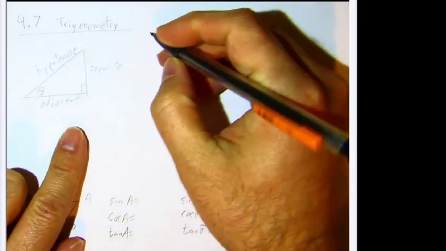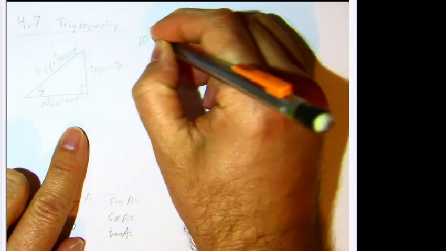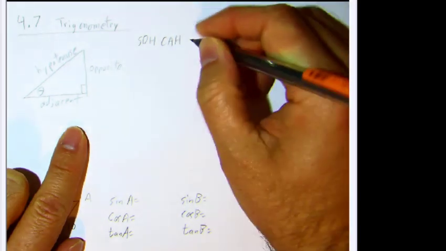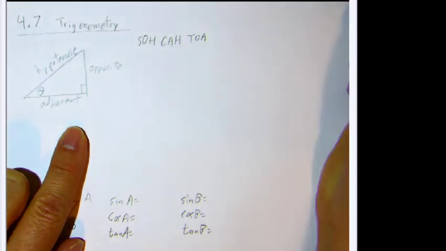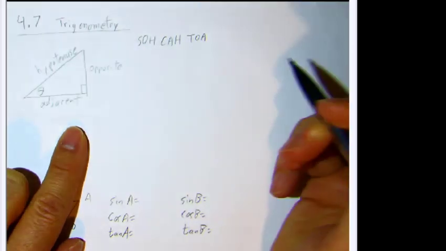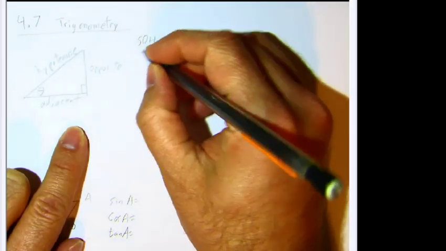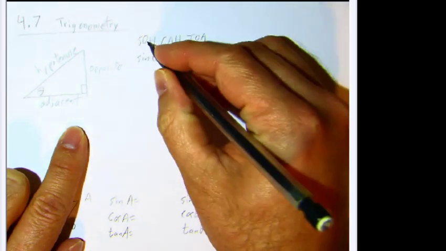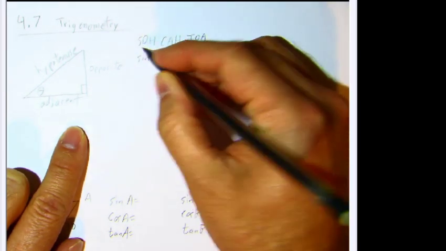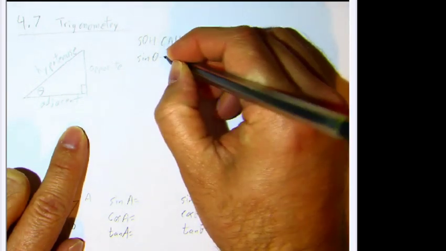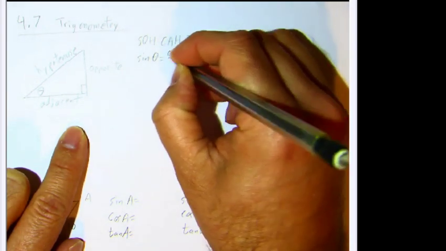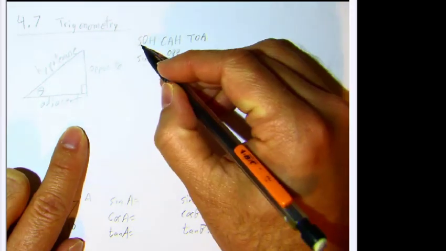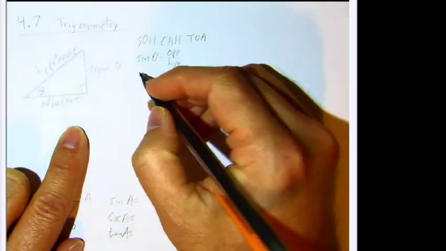Then we have our three basic trig functions, which we memorize using this little string of letters, SOHCAHTOA. The way this reads is sine, S. Sine equals opposite over hypotenuse.